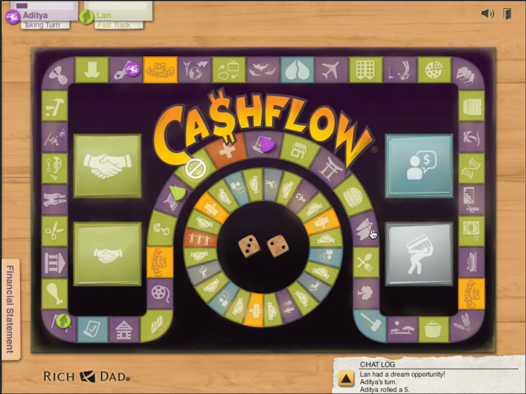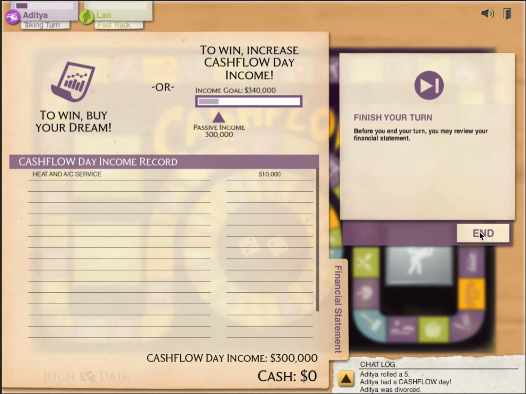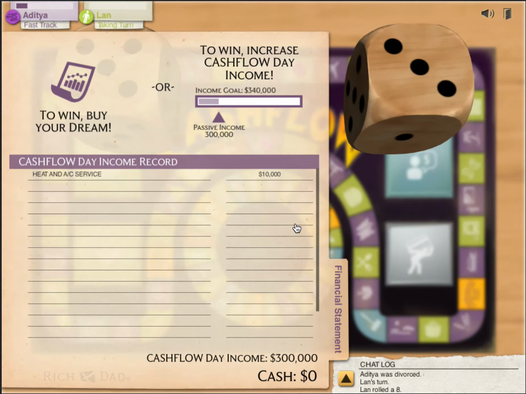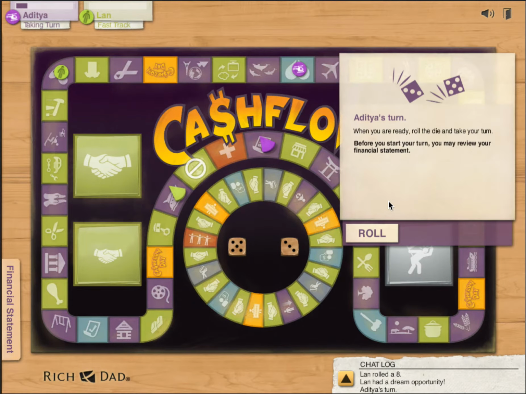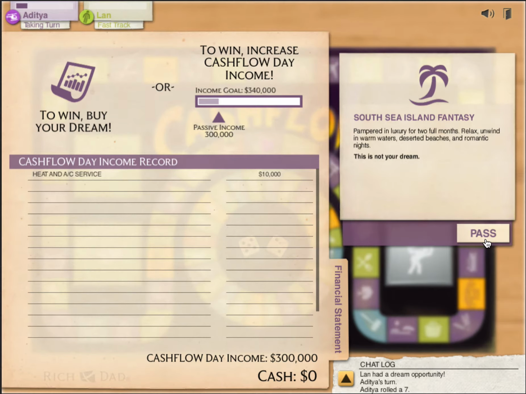And so here we have a 5. We lose all of our cash, $690,000 down the drain, because of a divorce in this game. Okay. So we have to get to this other cash flow in order to start getting anything anyway.